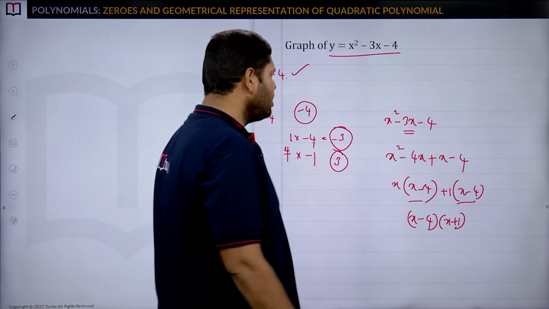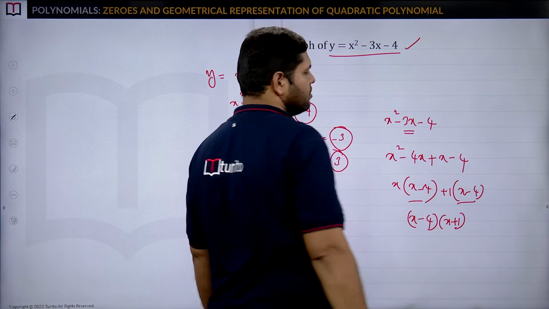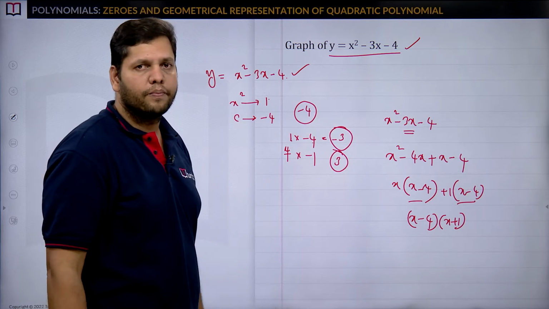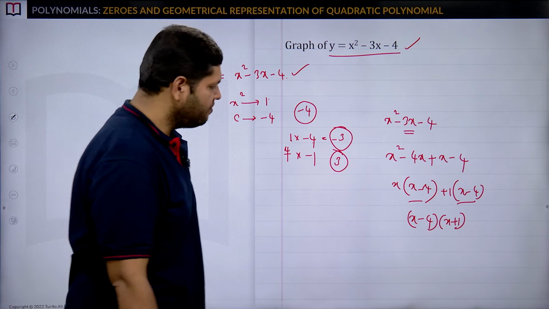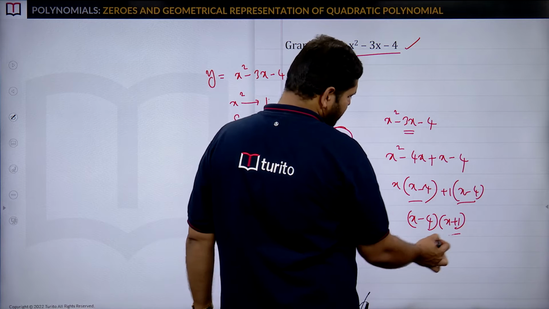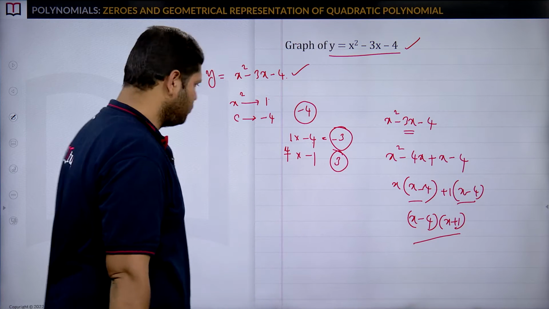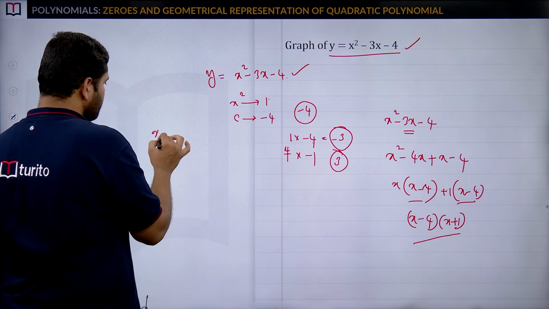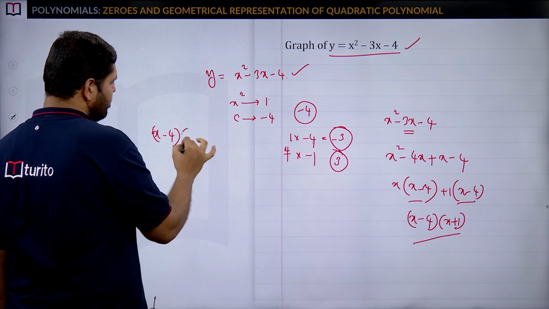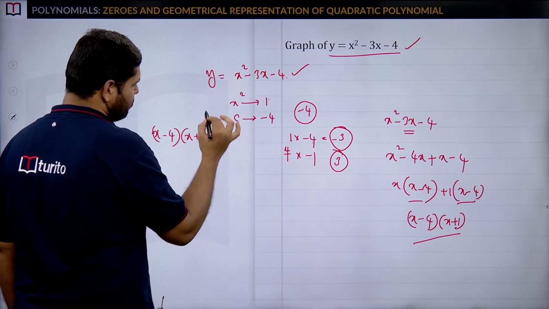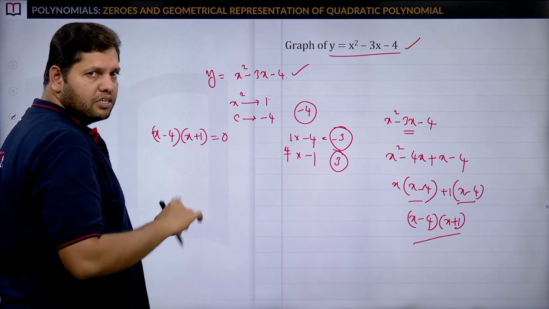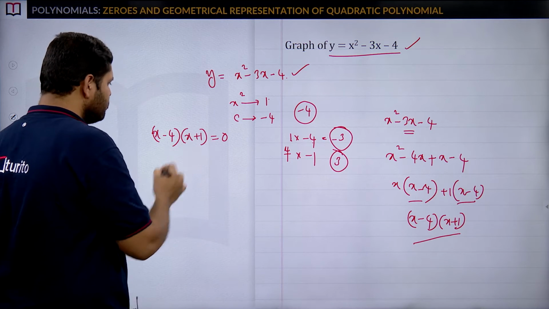Now what am I doing? I want to find the zeros of this polynomial. So what do we have to do? We have to equate this factorization to 0. So x minus 4 into x plus 1 equal to 0. To find the zeros of this polynomial, we have to equate it to 0.